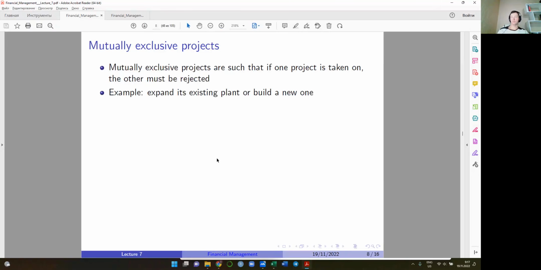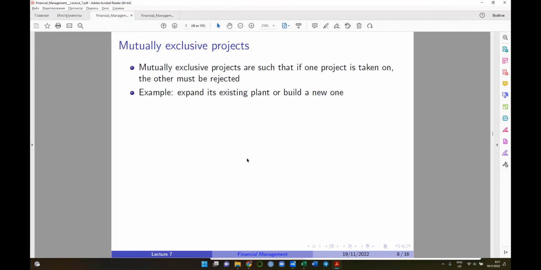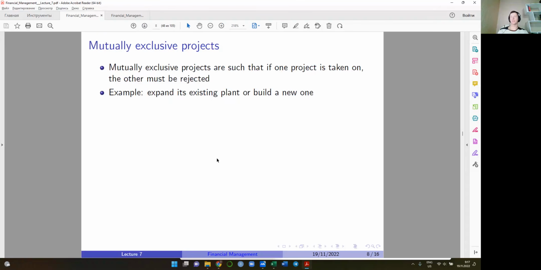For example, if you are thinking about expanding an existing plant or demolishing it and building a new one, these are two mutually exclusive options. You are not able to do both. You either renovate the existing plant or you completely destroy it and build a new one on the same spot.